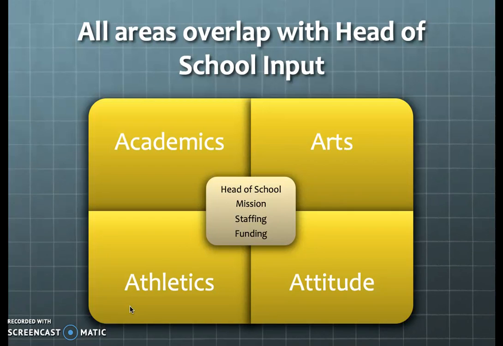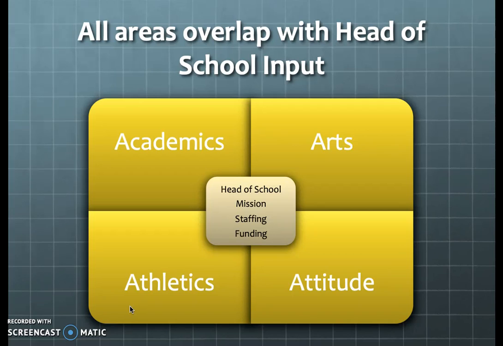The head of school makes statements and has direct influence into each one of these pillars. This is lateral design. We're working together. It's a top-down approach, and the head of school speaks into each one of these areas with the mission, the staffing, the funding.